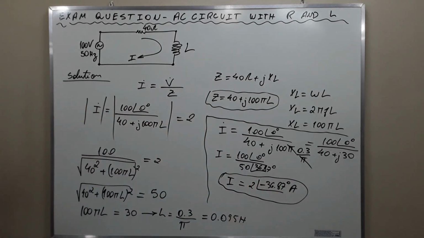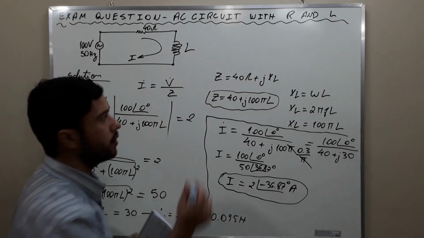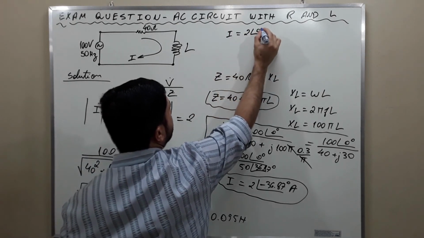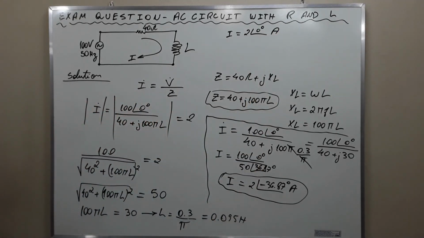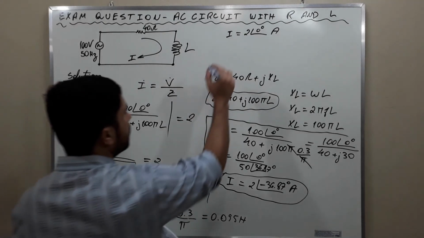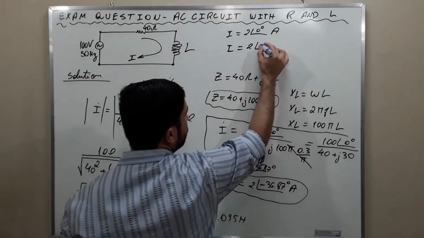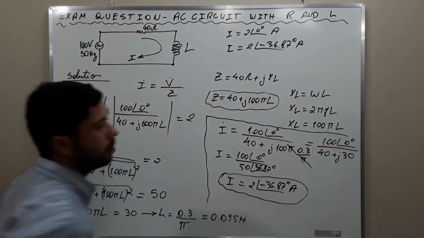So this is the current when we put the inductor. Before putting the inductor, the current is simply equal to 2 phase 0 degrees amps. And now the current is equal to 2 phase minus 36.87 degrees amps.